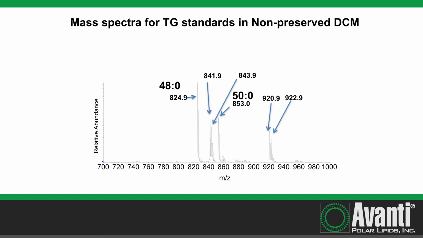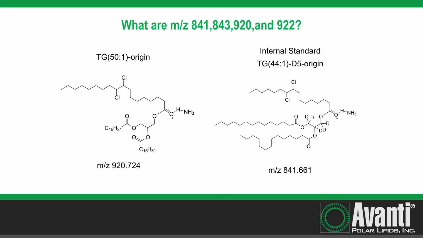Here we only see the 2 peaks we expected, and now we see 4 peaks which we don't know what they are. It's 841, 843. So where are the other standards? They're gone, they're not here. And what are these new ions that we're looking at here? They weren't in the standard, and we have to put our thinking caps on and figure out what they are.